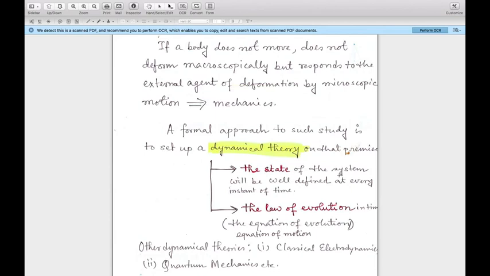For this case, this is the motion or the movement of the body. Okay, so the state of the system will be well defined at every instant of time. That's very crucial. Then, of course, there will be a law of evolution. Okay, you can also underline the state as well. Yeah, the law of evolution gives you the rule according to which, with time, the body changes its states. Okay.